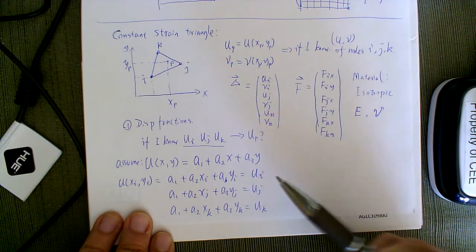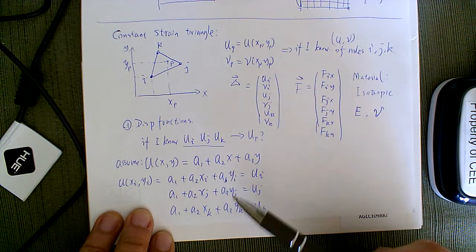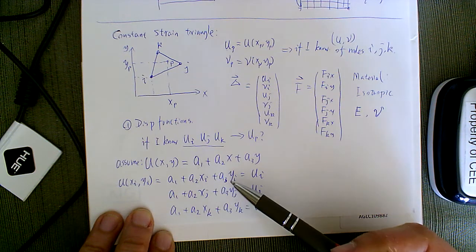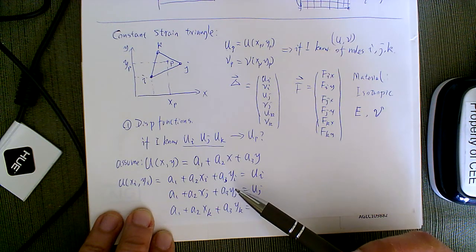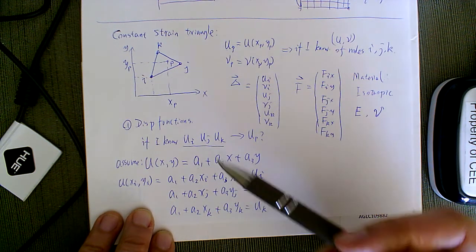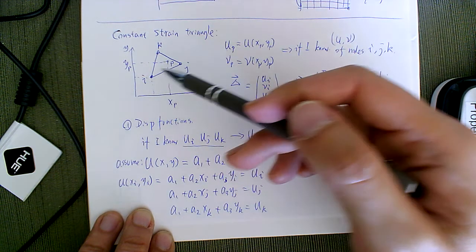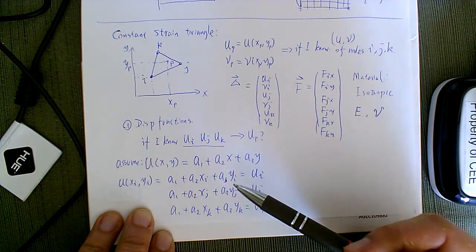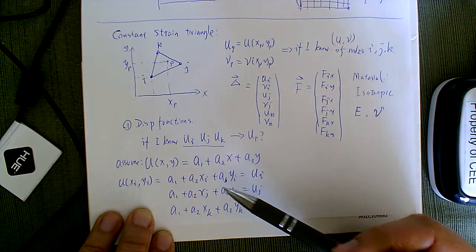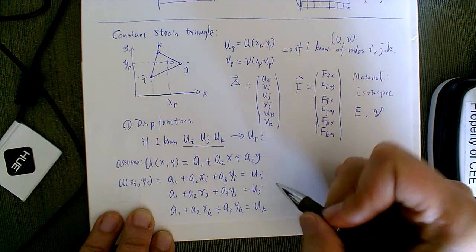This is a little bit counterintuitive, because when we write things like that, we say we're going to solve for x and y. But in this case, x, y is what we already know, because when you draw the element, you already know where I, J, K are. What we're trying to solve is a1, a2, and a3.